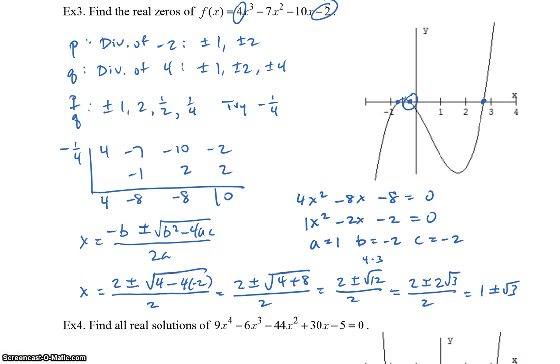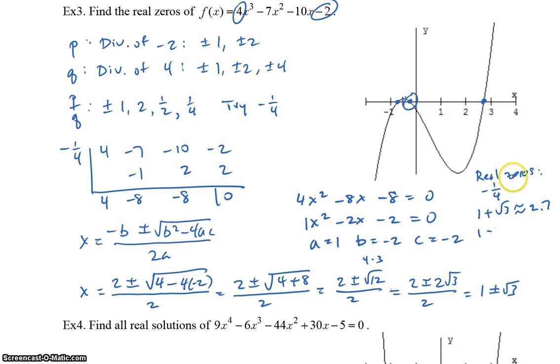So trying to find some space here, let me write down our conclusions. The real zeros would be, first of all, negative 1/4. That was one of the rational zeros. Then 1 plus the square root of 3. Now the square root of 3 is about 1.7, so that would be approximately 2.7.